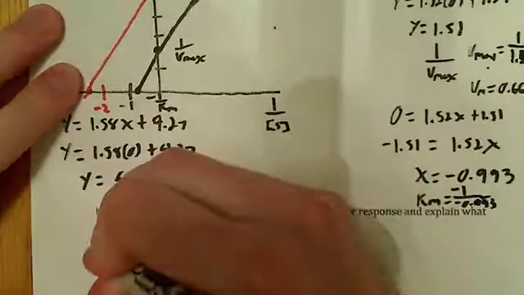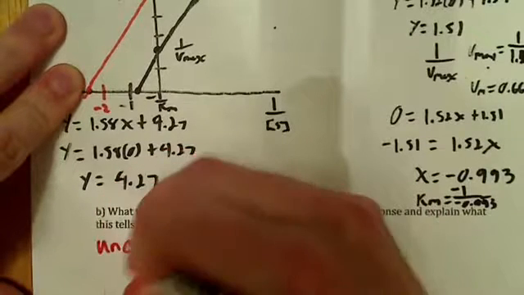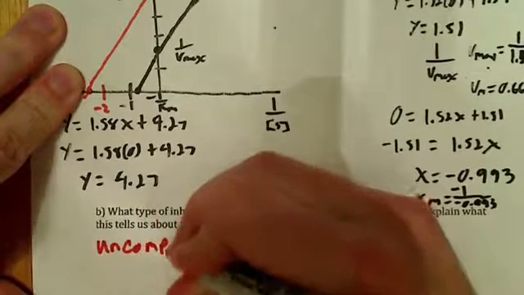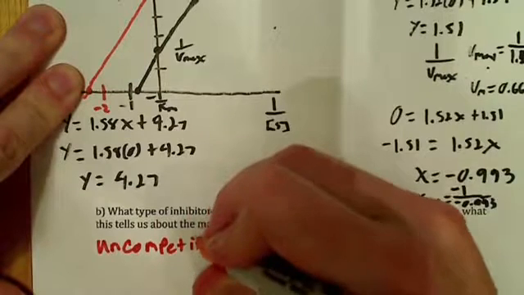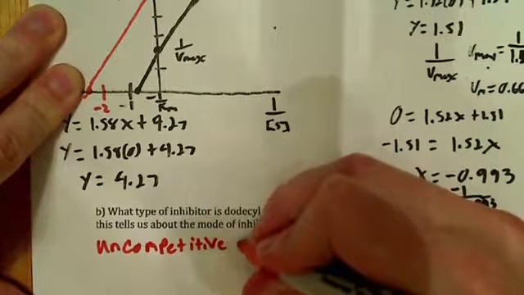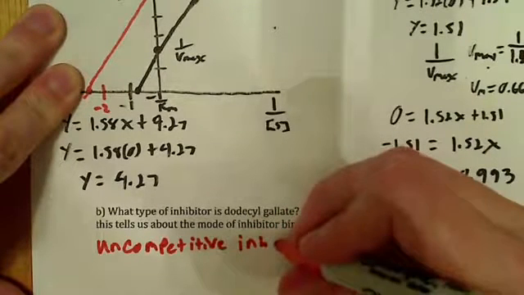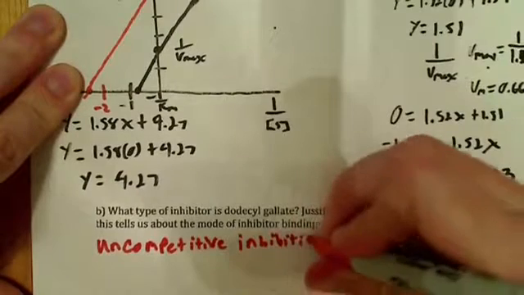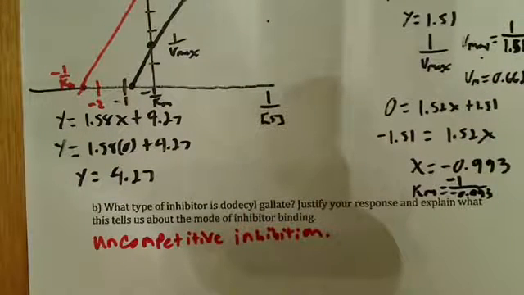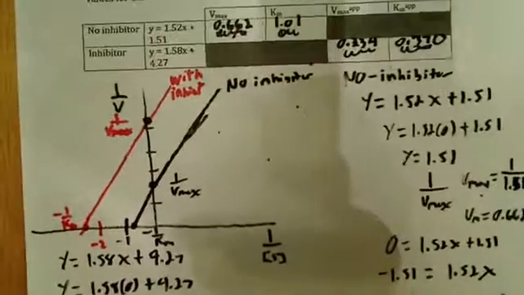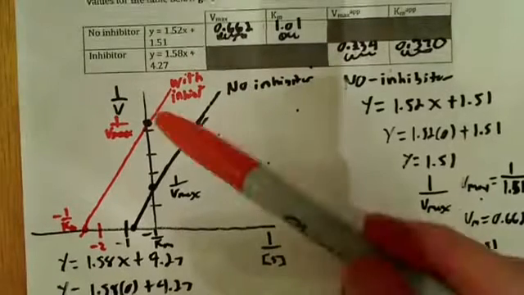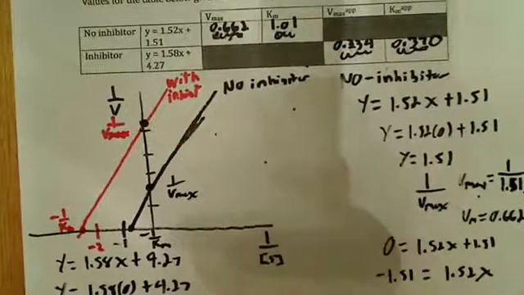Well, if you remember from the previous videos, it's uncompetitive inhibition. That's the answer here. And I pretty much justified why by saying that the Vmax is smaller, and that's one of the characteristics of uncompetitive inhibition.